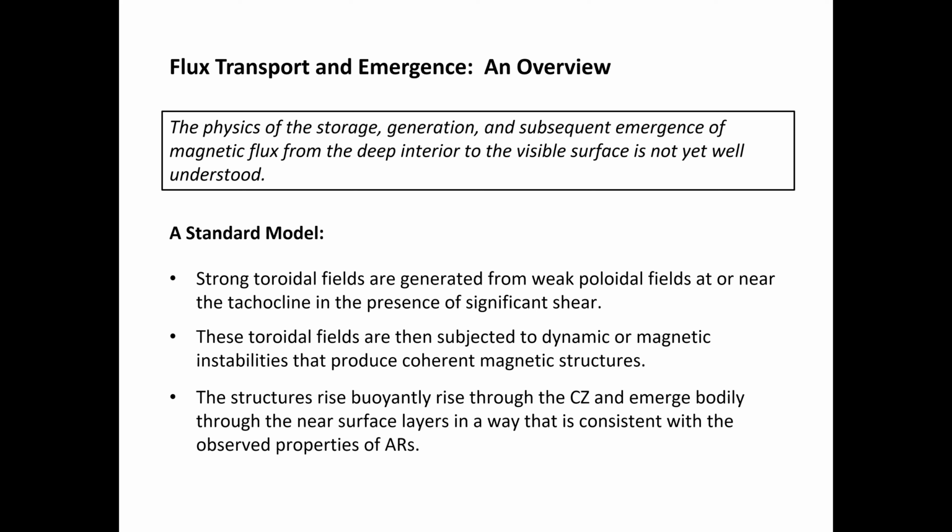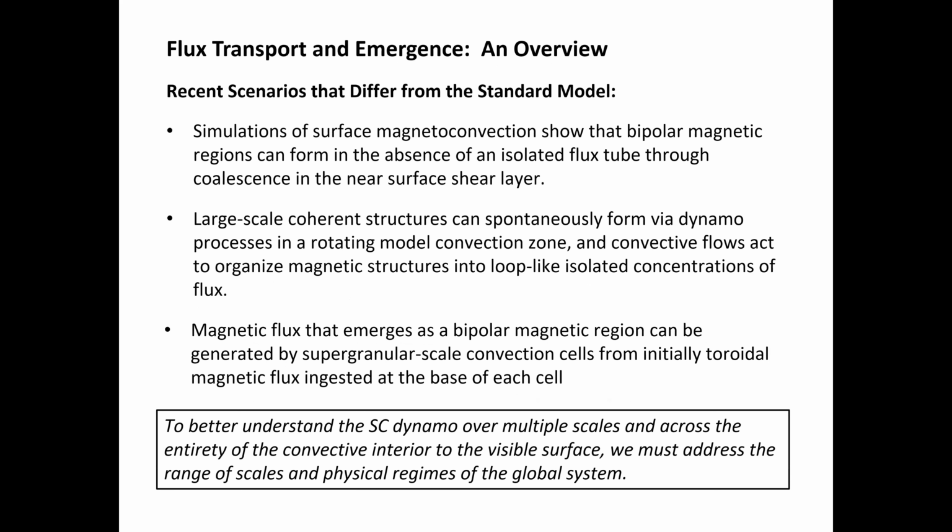But that's not the only picture, of course. It can explain a lot of things, but there are a lot of details that it may not explain very well. So more recently, in the simulation community, there are other ways of thinking about how active regions can form, rather than that standard isolated flux tube picture.